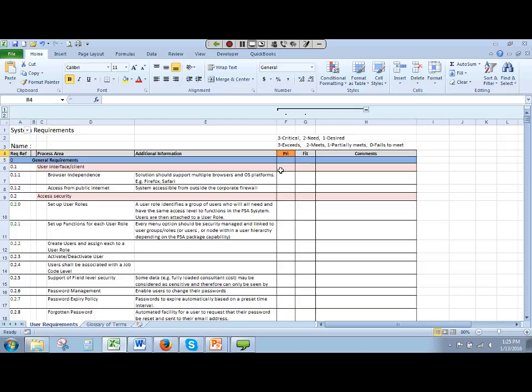This is probably going to be a pretty long Excel sheet or whatever format you choose to use, but it will be helpful as you move into the next step, which is, okay, now I need to find a vendor. I need to evaluate a vendor against these requirements.